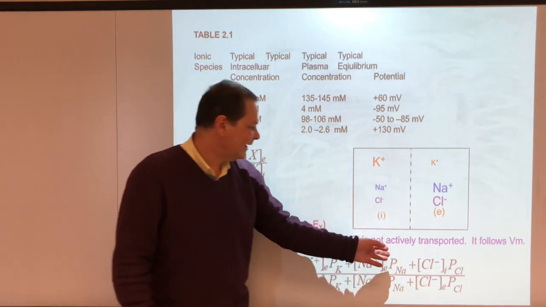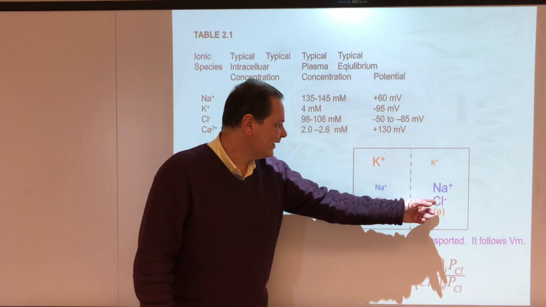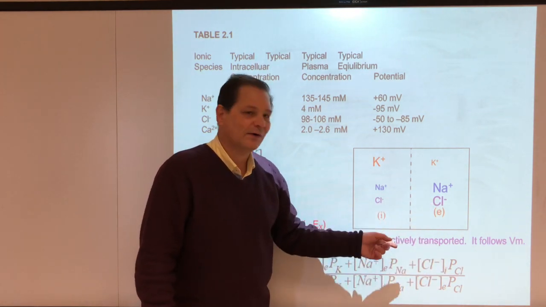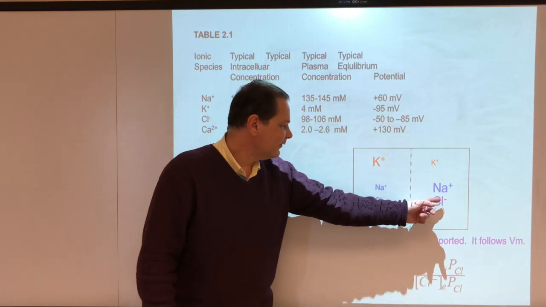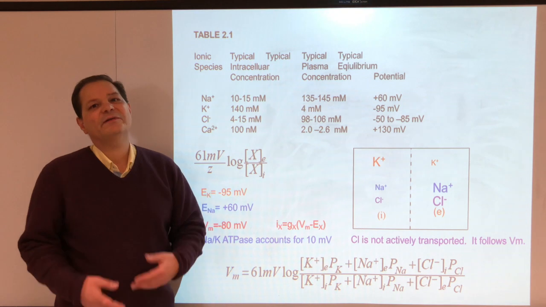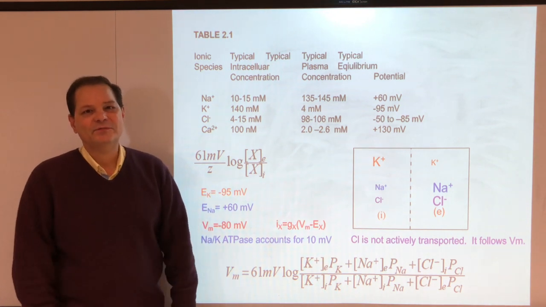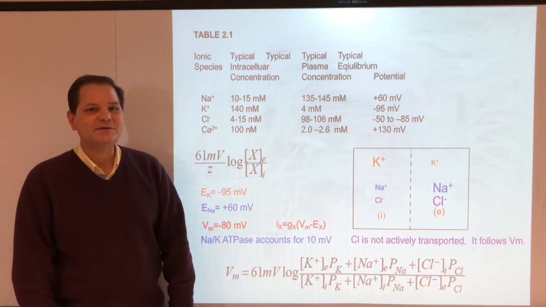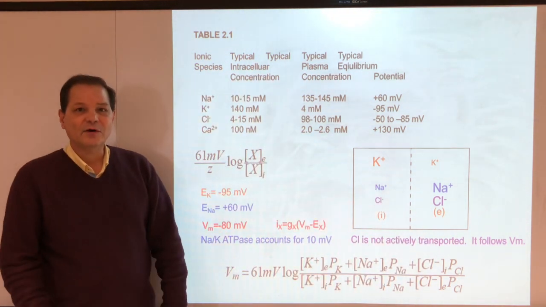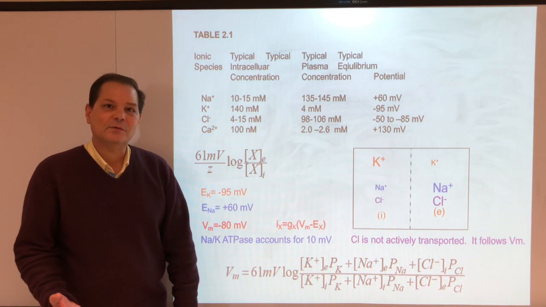Because I'm more negative inside than outside, there'll be more chloride here than there is here. Negative charge here will repel the chloride ions. There'll be more on this side than this side. So chloride flows until it stops flowing. Well, when does it stop flowing? It stops flowing by definition when this concentration gradient is such that the Nernst potential is equal to the membrane voltage.